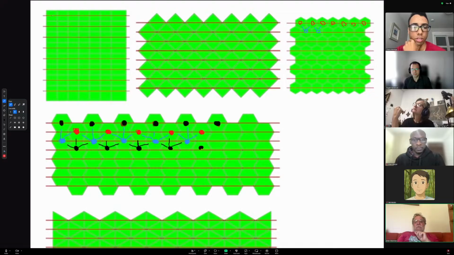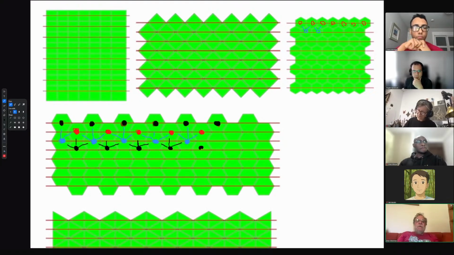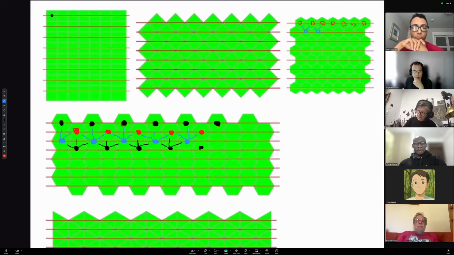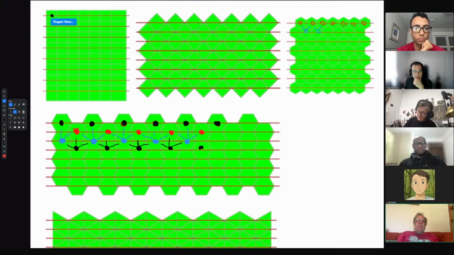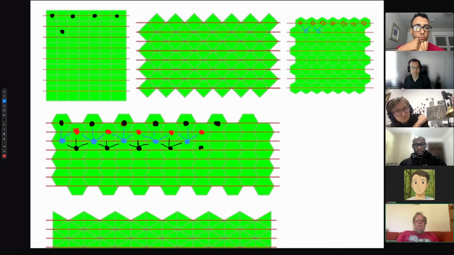Yeah, I like. Can you say that again, Brian? If you go to the top corner of the square grid, essentially put a red dot in the center of even numbered cells, and then put a blue dot in the center of odd numbered cells. Yeah, no, put them in between the red dots.